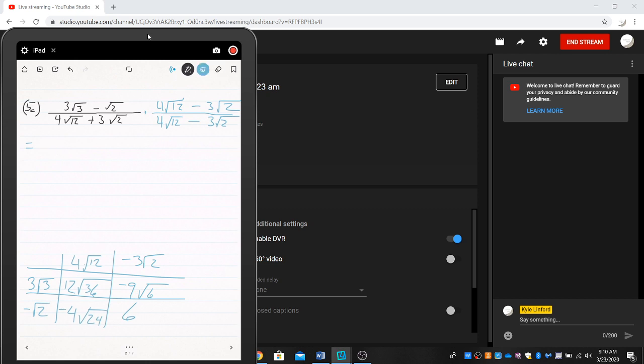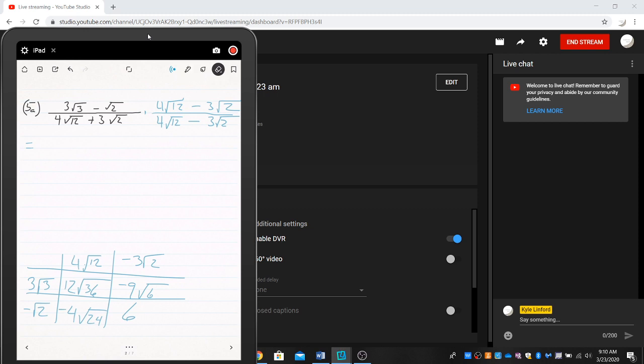I was going to try to save it until the very end, but oh well. 12 times 6 is 72. And then we have to subtract 9 root 6. That's not going to simplify. And then we have to subtract... okay, let's just simplify all this together. I'm trying to be clever, but it's not working.